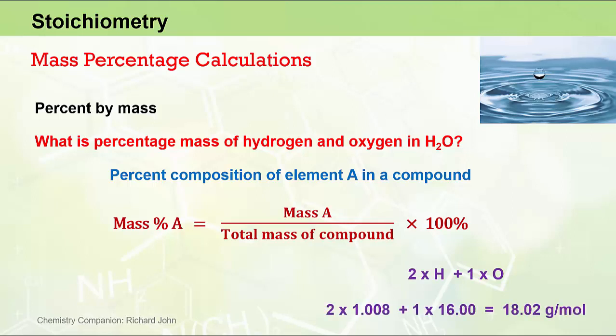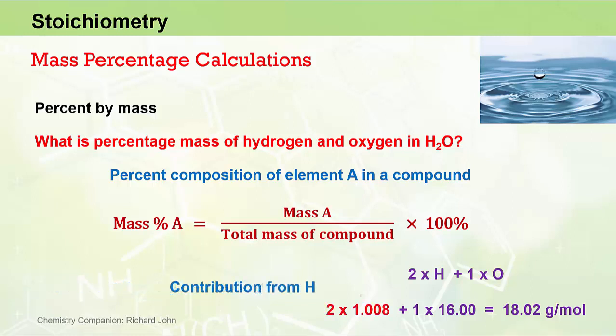Reading the atomic masses, or the molar masses, from the periodic table gives us 2 times 1.008 grams per mole plus 1 times 16.00 grams per mole, which comes to 18.02 grams per mole for the molar mass of water when we restrict our answer to 4 significant figures. And we also know that this therefore means that the mass of 1 mole of water is 18.02 grams.